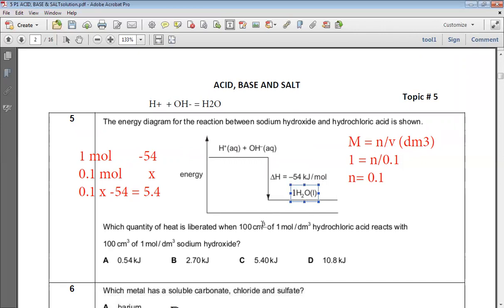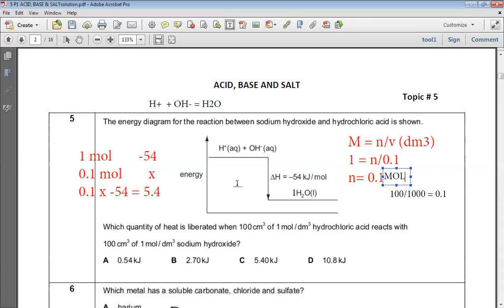Now 100 centimeter cube of 1 mole per decimeter cube, by using the formula concentration C is equal to n over V. Molar concentration is given, 100 centimeter cube divided by 1000 becomes 0.1. When we place this against the volume 0.1 and multiply by 1, we have the number of moles, 0.1 moles.